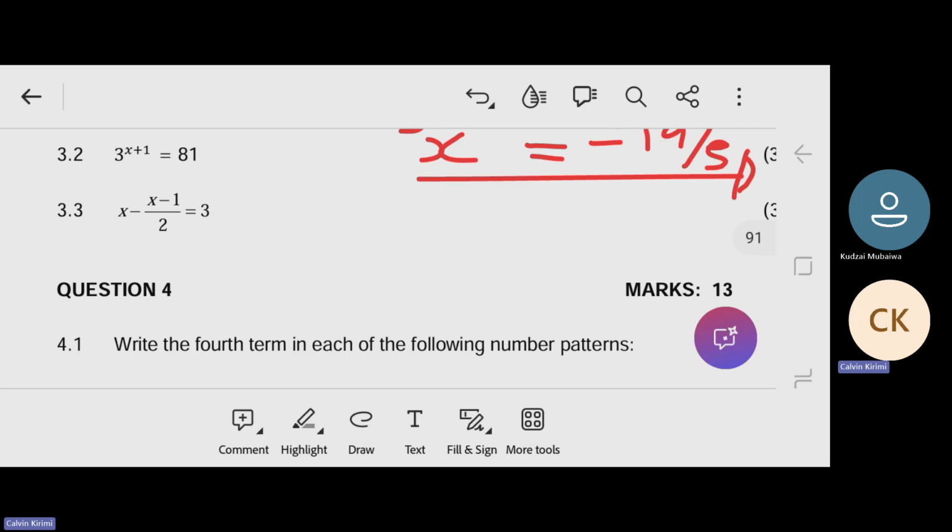X is equal to what? 3. Equals 3. Yes, sir. All right.